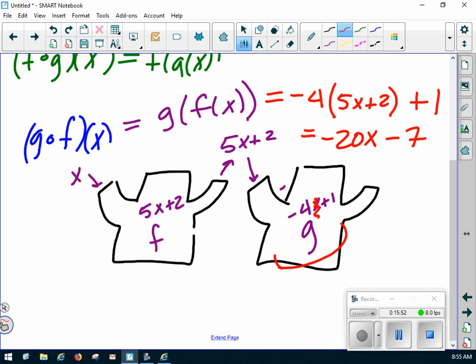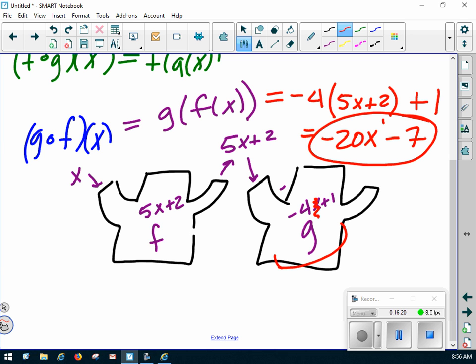That's real close to what we got the other time, isn't it? What's the domain? All reals. What's the range? All reals, because when you graph that thing, that would be a line. For a line, yes. Look at this. What's the biggest exponent you see? A 1, right?